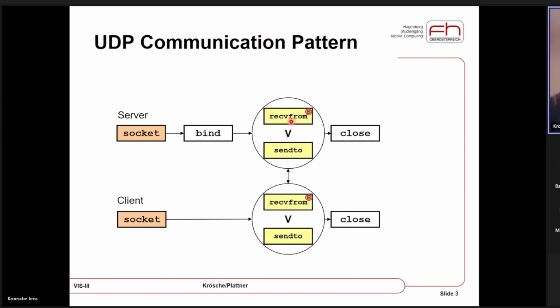It's send to and receive from. And the close is still the same. Client side, quite similar. We have a socket and no connect, and on the server side, no listen, accept or anything. But on the client side, we have the socket, and then we send this message to a server or receive data from a server. And of course, the close part is also integrated.